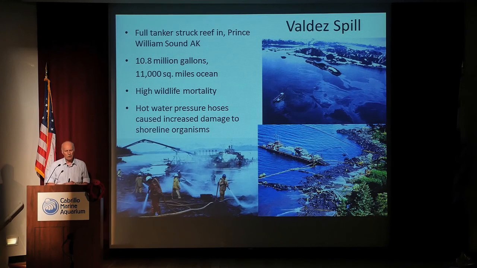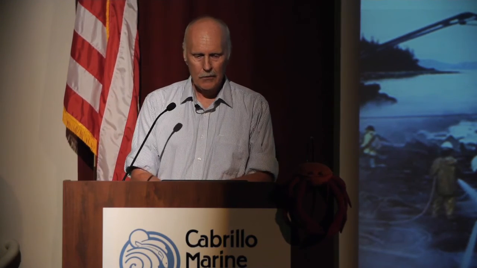There was very high wildlife mortality, but also lots and lots of oil in the intertidal. And you can see here that there were attempts to clean up the oil, and one of the things that was done is they used hot water, high pressure hoses, to try to dissolve the oil to get it to go back into the ocean where it could be collected in booms and then skimmed up.